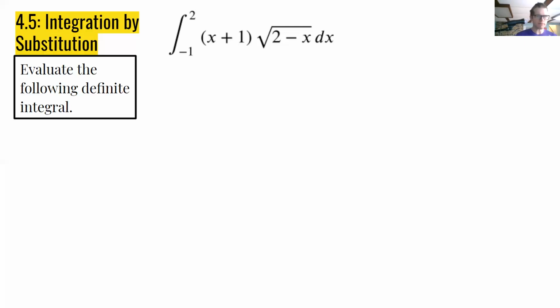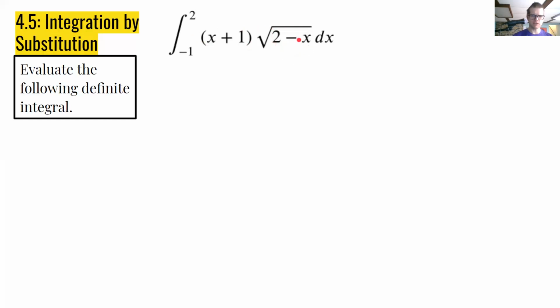Try to determine what my inner function is going to be. And again, the inner function, what u is going to be, is a more formal way to think about it. What's the inside function? Looking at it, I think I have 2 choices, truthfully. I can either let it be x plus 1 or 2 minus x.